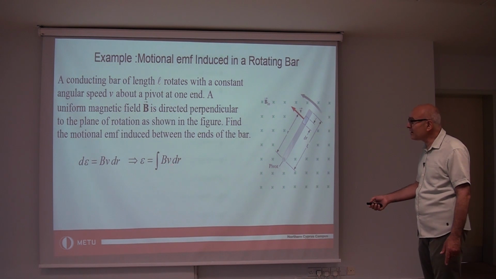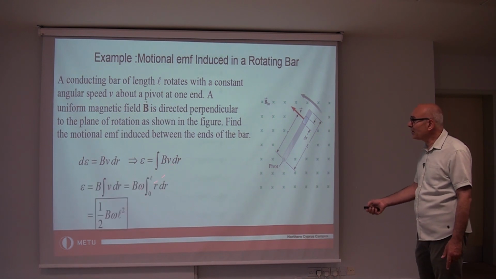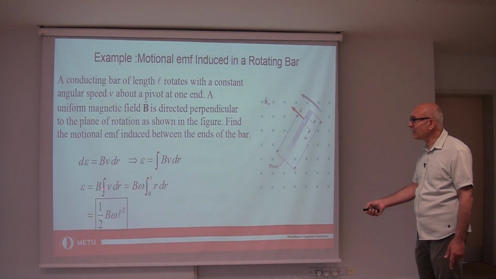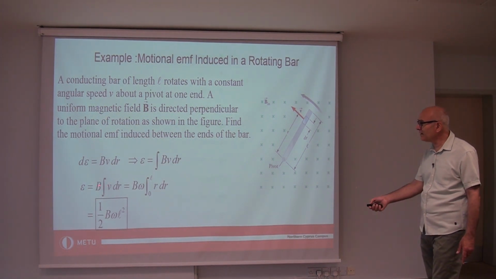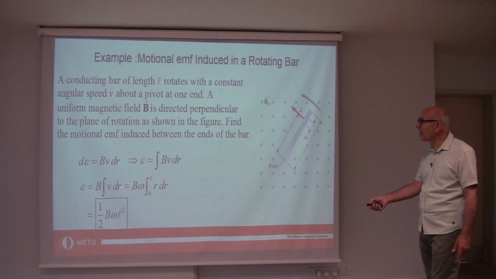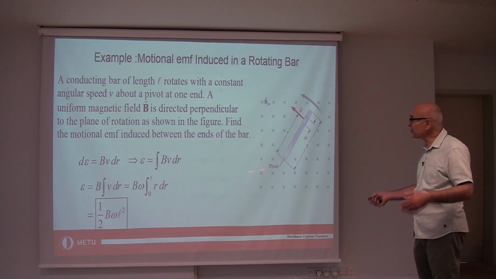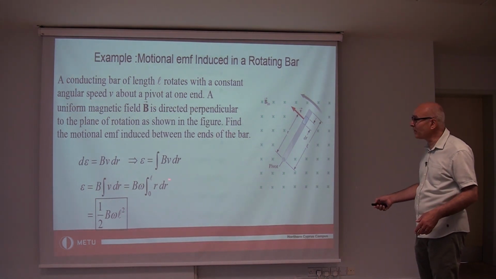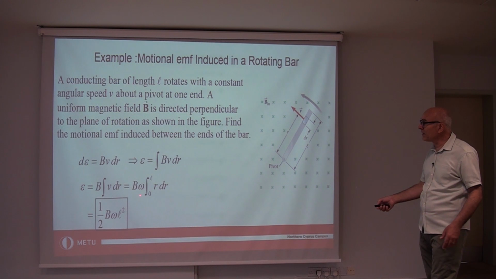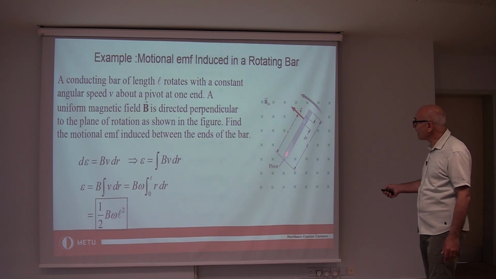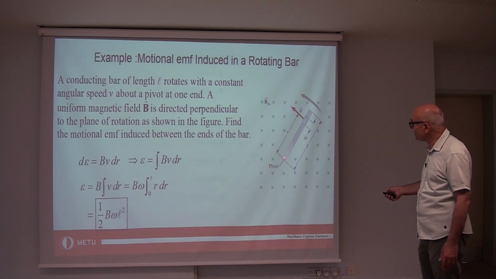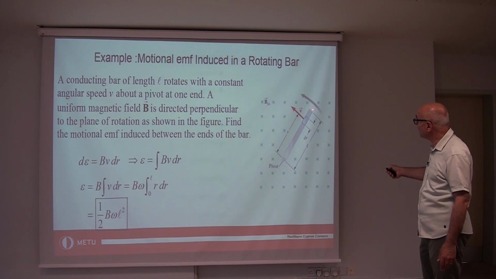But v here is a function of r, because v is omega r. Omega is constant by definition, since the rod is rotating with constant omega, so you can take it outside, and you get the integral over r. Evidently r varies from 0 to L, the whole length.